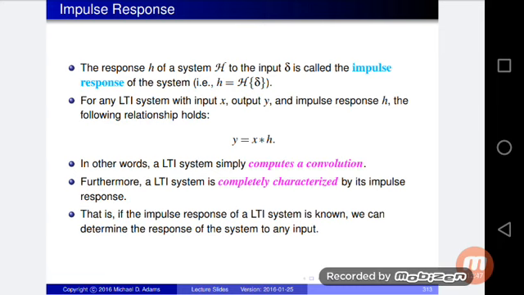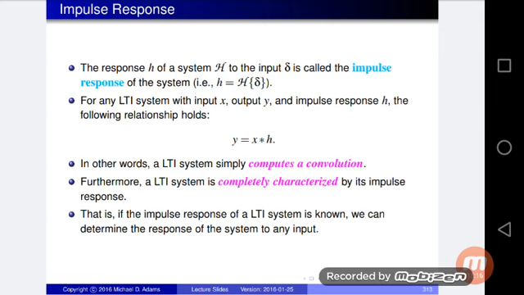For any LTI system with input x and output y and impulse response h, the relationship is y equals x into h. This is the relationship between input, output and impulse response.